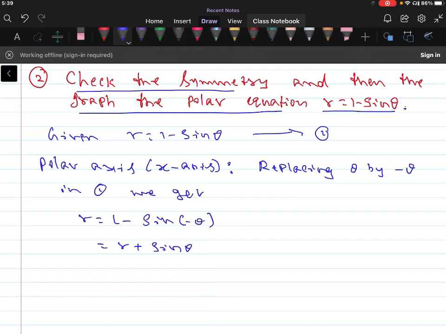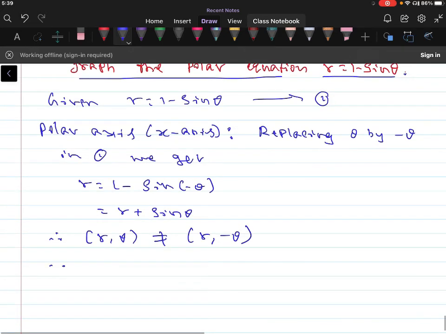This is not the form of equation 1. Therefore r comma theta is not the same as r comma minus theta. Therefore the curve 1 is not symmetric about the x-axis.